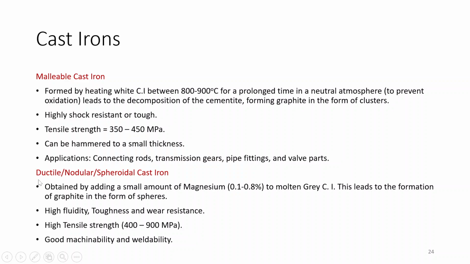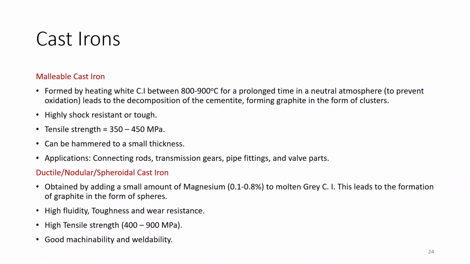Next is nodular, ductile, or spheroidal cast iron. It is obtained by adding a small amount of magnesium or cerium, from 0.1 to 0.8%, to molten gray cast iron, and this leads to the formation of graphite in the form of spheres.